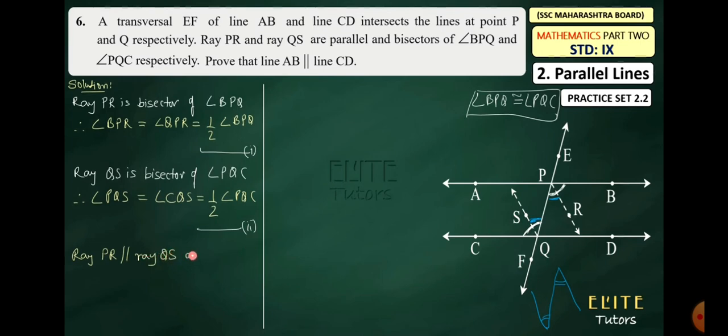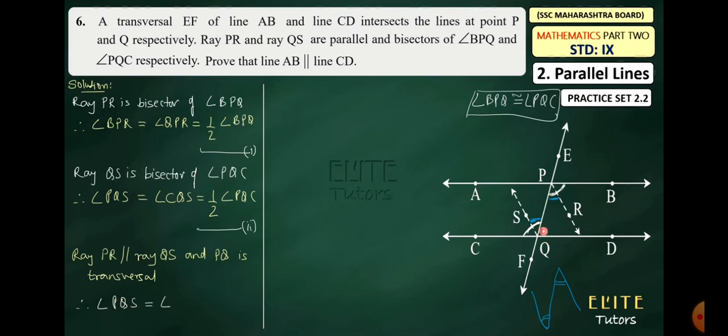So we will write ray PR is parallel to QS and PQ is a transversal, which is given in the question only. So student, if we can prove these smaller angles are equal, forming a Z shape, then we can easily prove what we want to prove.